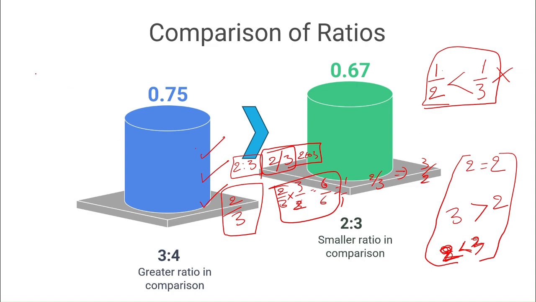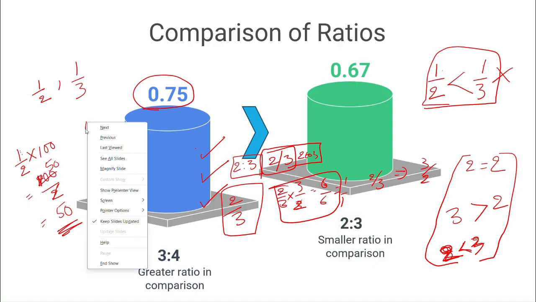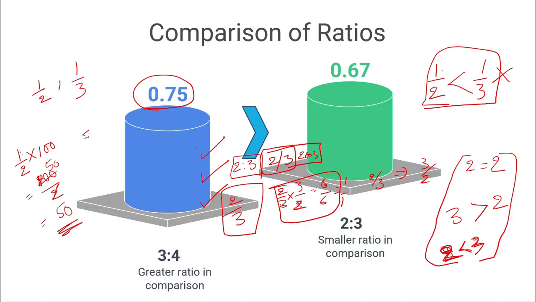Let's take the same example, 1 by 2 and 1 by 3. For simplicity, we want to do it in decimal points. So let's multiply 1 by 2 with 100. Then you will get 100 by 2, which is nothing but 2 5s are 10, and 50. So you got this 50. And on the other side, we have 1 by 3.